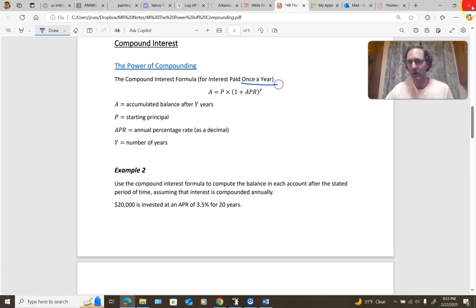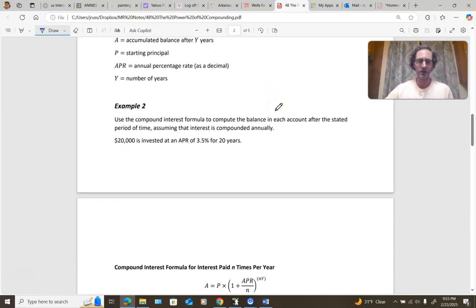We'll talk more about what that means in a minute. When it says compounded, that just means that interest is credited to your account once a year. Typically it's done more on a monthly basis, and we'll look at that in a minute.